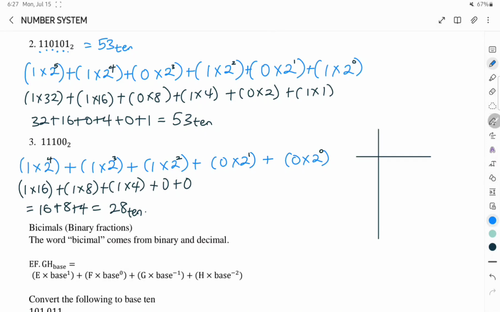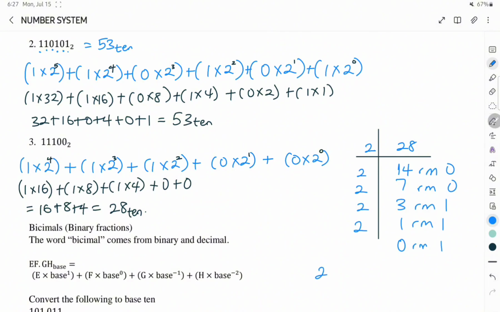So we have 28 and 2. 28 divided by 2 is 14, remainder nothing. 14 divided by 2 is 7, remainder nothing. 7 divided by 2 is 3, remainder 1. 3 divided by 2 is 1, remainder 1. And 1 divided by 2 is no longer possible as a whole number, so we write 0, remainder, the last quotient here, which is 1.